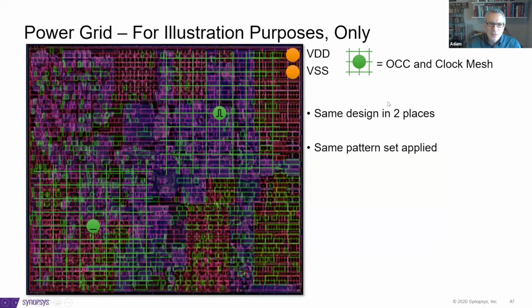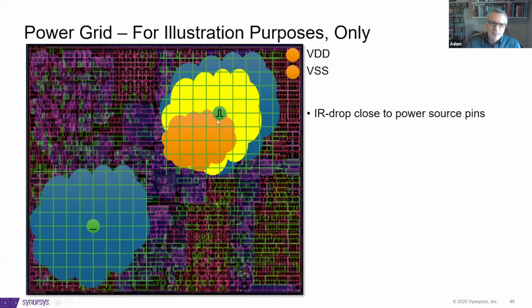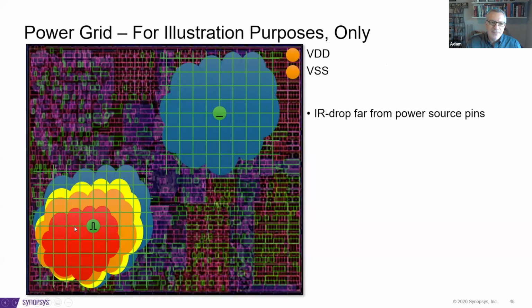I wanted to look at how that really looked in a design. For example, if we have a core here, let's say core A, one instance, and we have the same core A, another instance, but we have power and ground pins located over in this corner here. What does this look like? If you have a pulse on this clock mesh, then we have some kind of IR drop profile. But if the same pattern is applied over here, because we're farther away, we get a different profile.